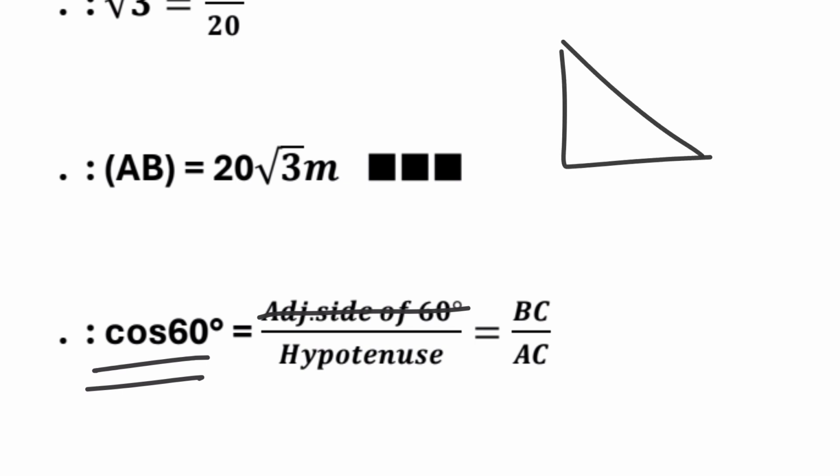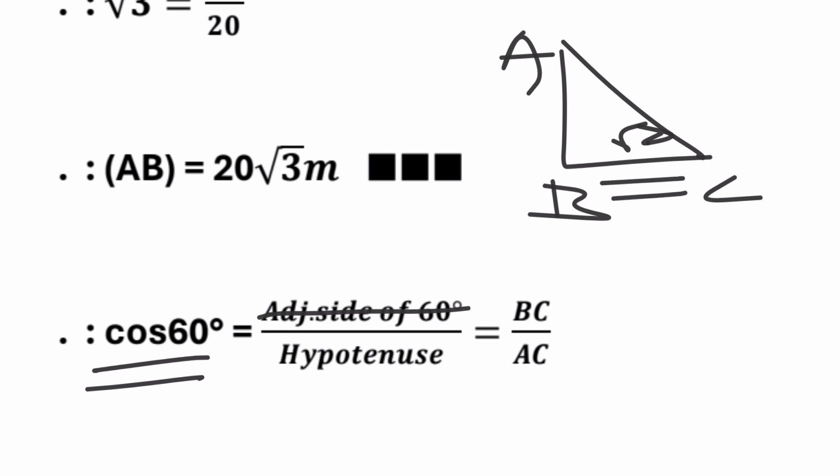Look here, this is 60 degree. So here this cos 60 degree is equal to adjacent side of 60 degree upon hypotenuse, okay, is equal to BC upon AC.